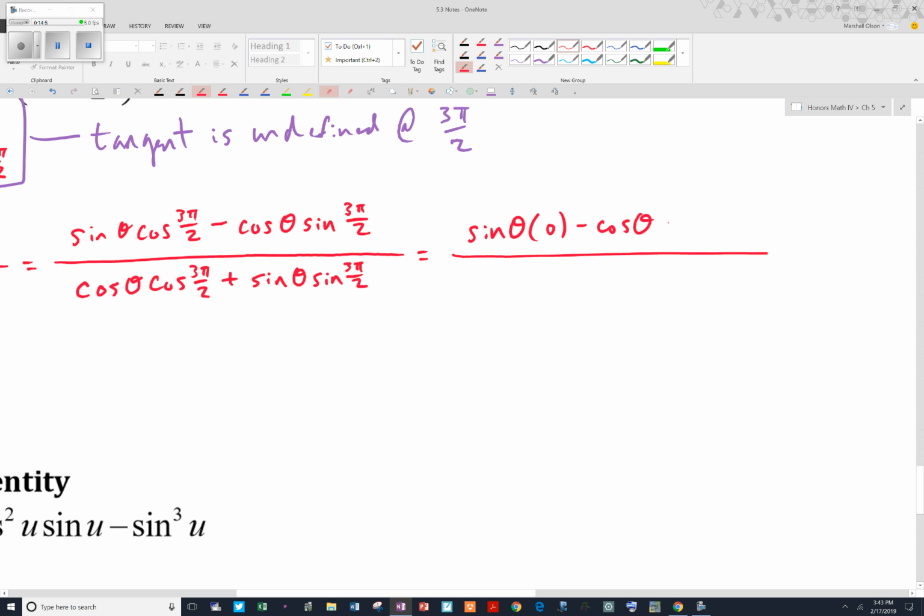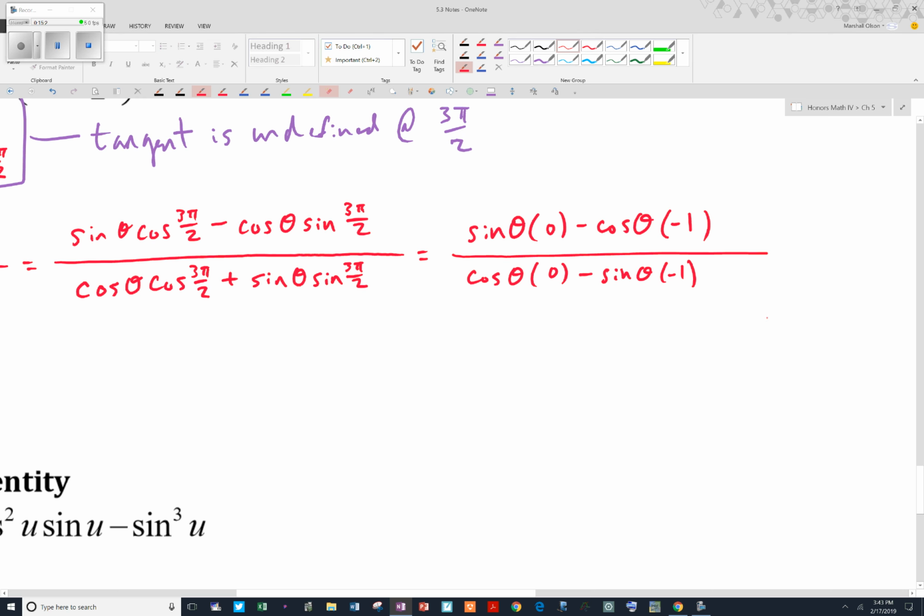And the sine of 3 pi over 2 is negative 1. Cosine of 3 pi over 2 is 0. And the sine of 3 pi over 2 is negative 1. Notice, remember when you evaluate a trig function, you don't need to write sine and cosine anymore.